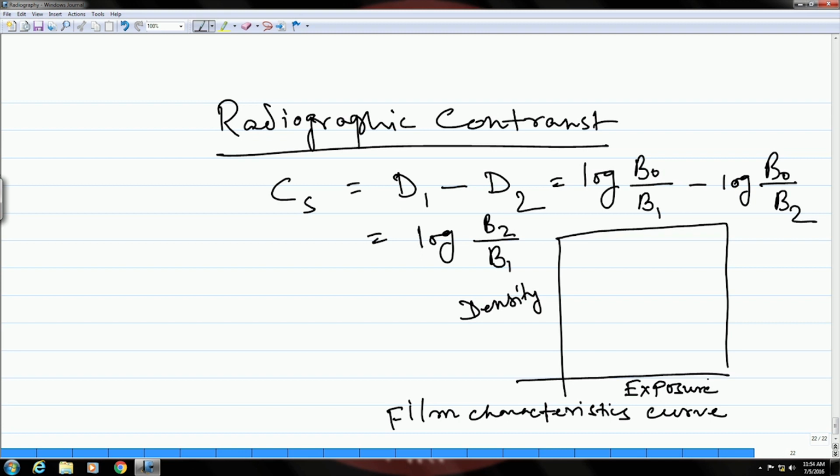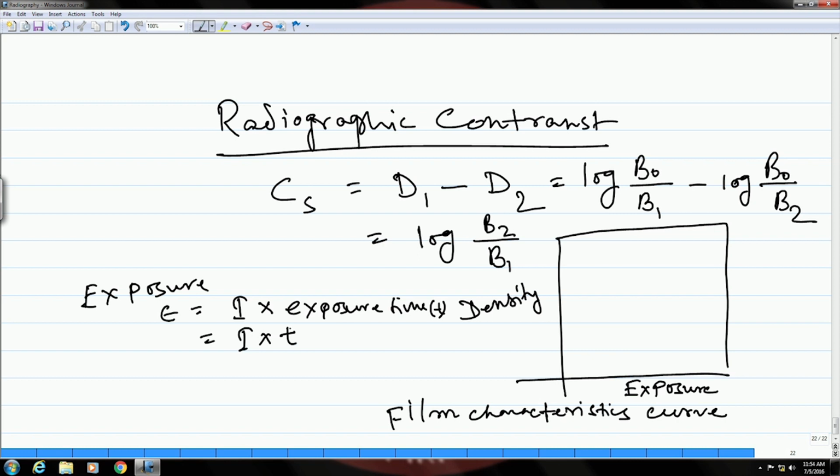So, to obtain a particular density on the image, what should be the exposure, that is defined by this characteristic curve, and this exposure is defined as intensity I multiplied by the exposure time t. So, this is I times t.